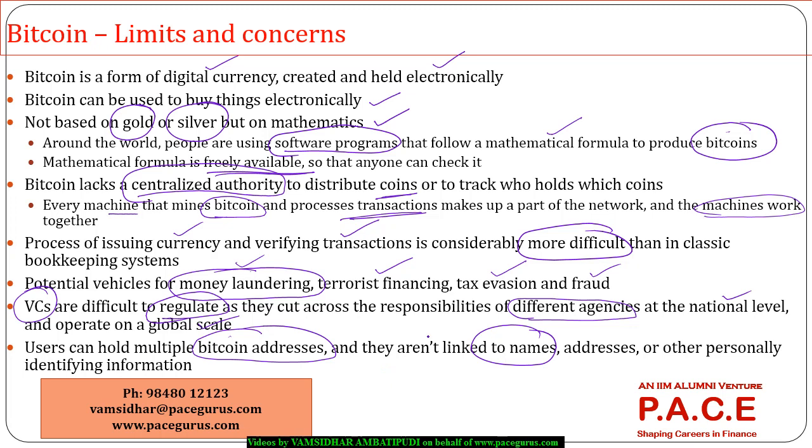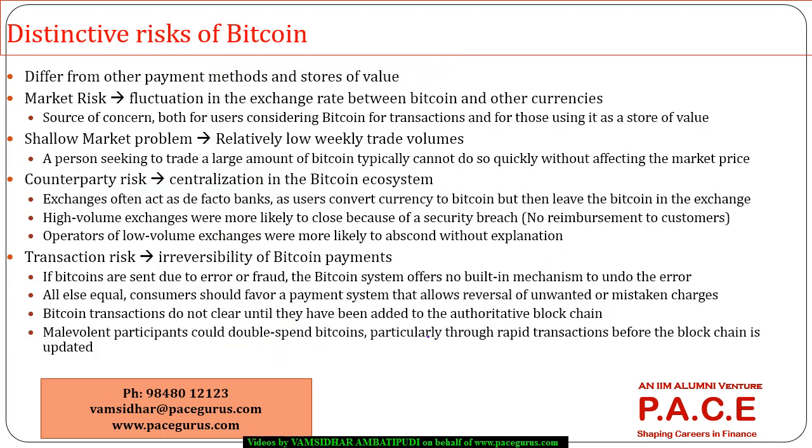Personal identification information is also not available, which means everything is virtual, and there is a high possibility that this is being used for all kinds of wrong reasons rather than as a currency for electronic buying and selling. The intention of introduction might have been good, but most of the time the way it has been used is for wrong reasons.